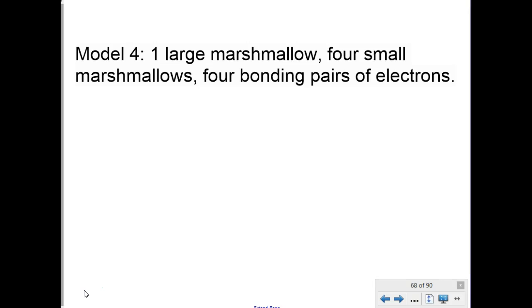This is a 3-dimensional model and not a 2-dimensional model. So you've forgotten about all the space here. Oh, there you go. You're pretty close. Oh, no, don't move that marshmallow. You were so close with your structure.